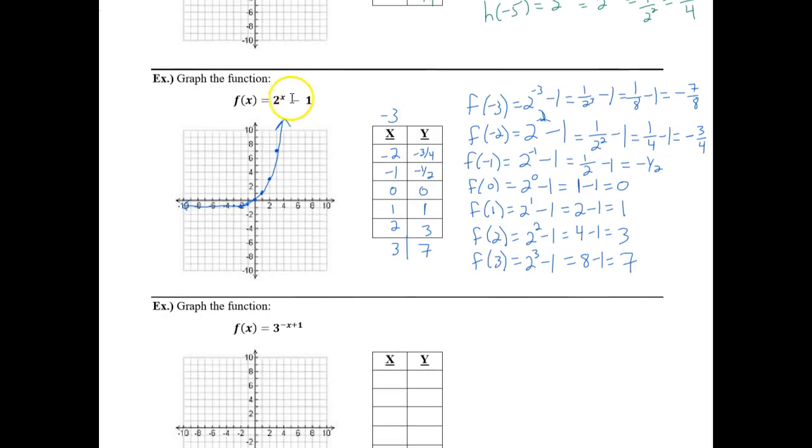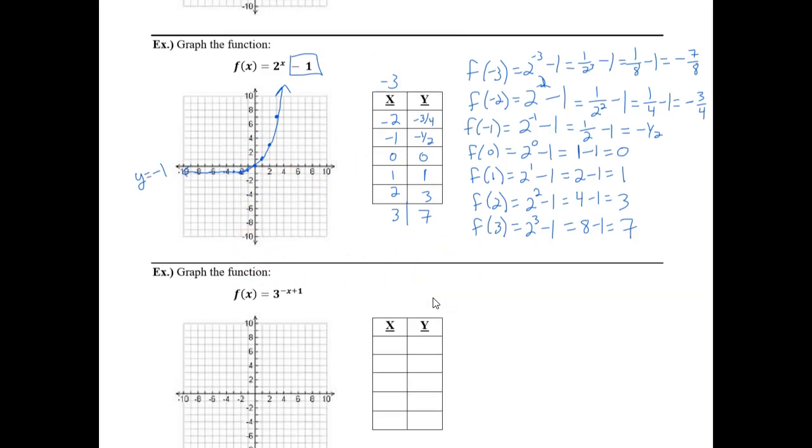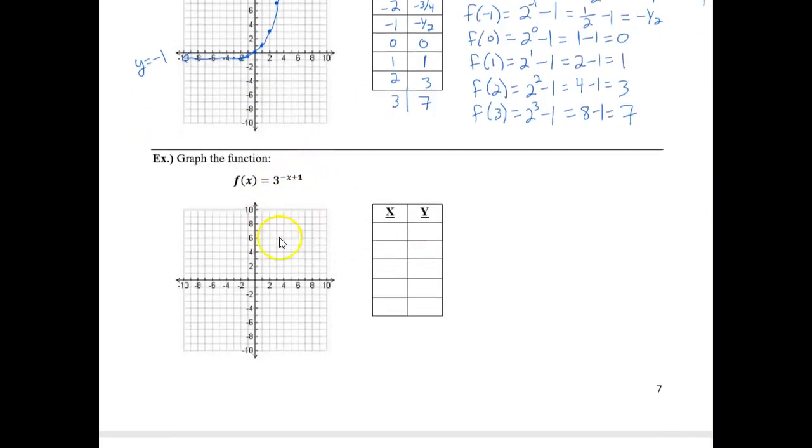Versus this example, I have that -1. So because of this value, it has shifted down, and now that asymptote is at y equals -1. It will never cross -1 for y values. Alright, let's look at this next example.